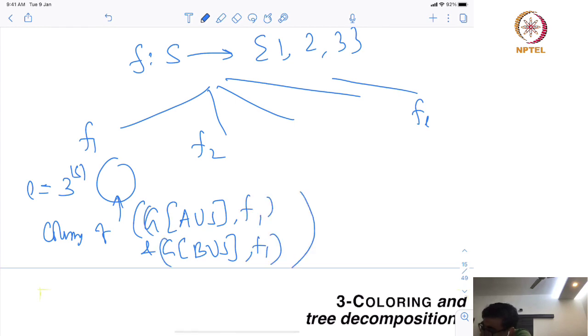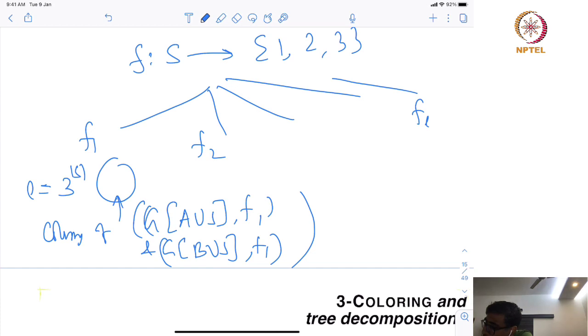So you are basically asking, can we extend the 3 coloring of the graph induced on S given by F1 to a 3 coloring of A, and similarly for B. This is a kind of partial extension of this 3 coloring, and if F1 can be extended to a 3 coloring of this graph, and also to a 3 coloring of the other part, then we know that there is a 3 coloring of the whole graph.